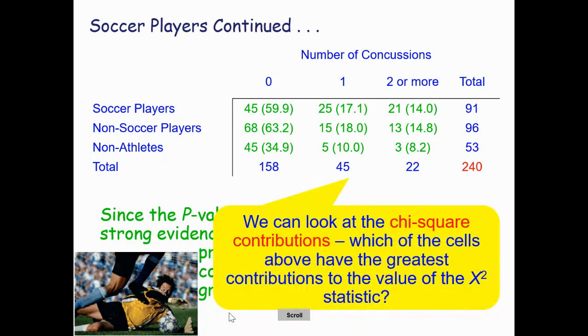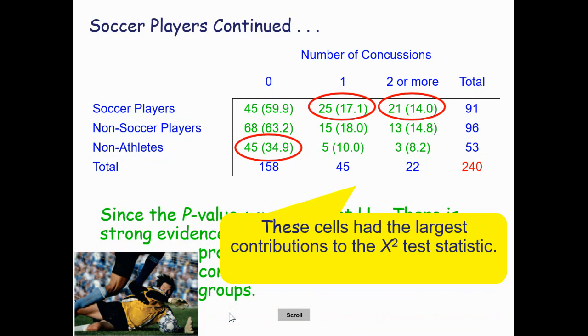Okay. So we can look to see which contributes the most. So they found that these three had the largest contributions to the chi-squared statistic.